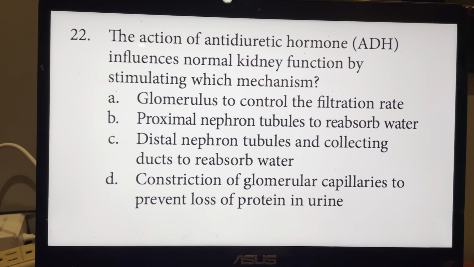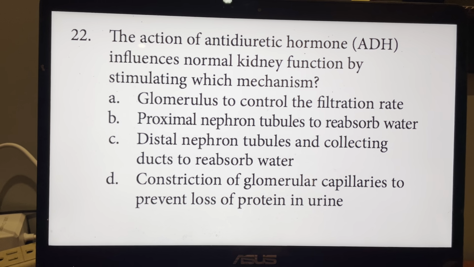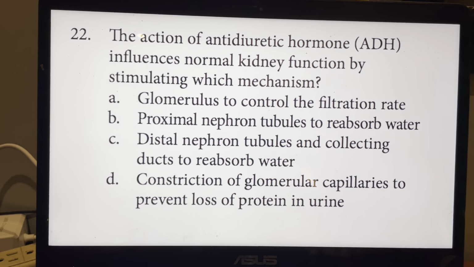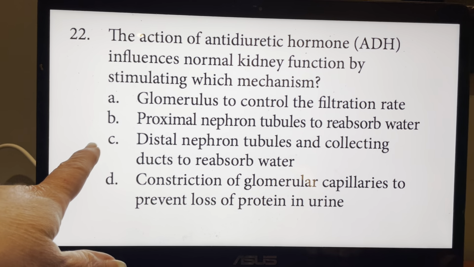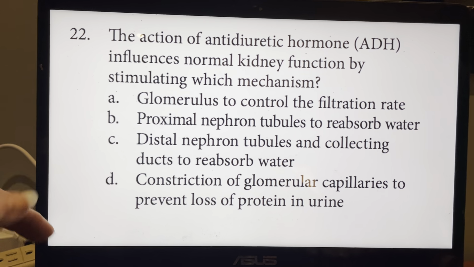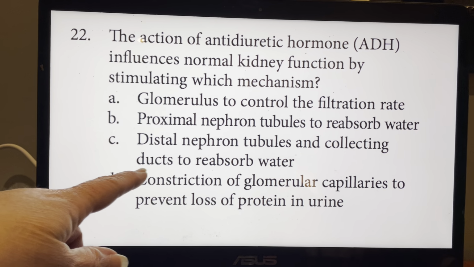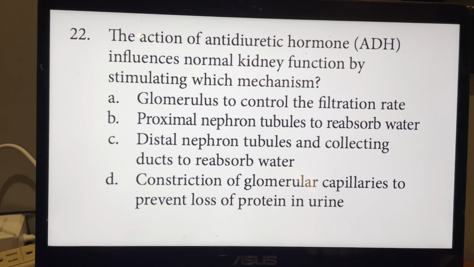The action of anti-diuretic hormone influences normal kidney function by stimulating which mechanism? The glomerulus to control filtration, the proximal nephron tubule to reabsorb water, the distal nephron tubule to collecting duct to reabsorb water, or constriction of the glomerular capillaries to prevent loss of protein in urine.